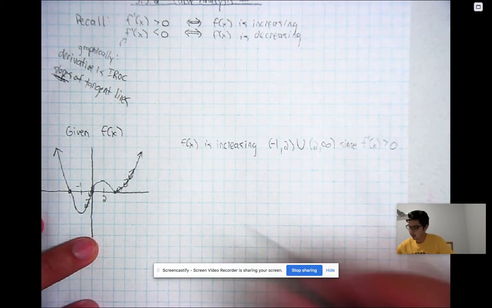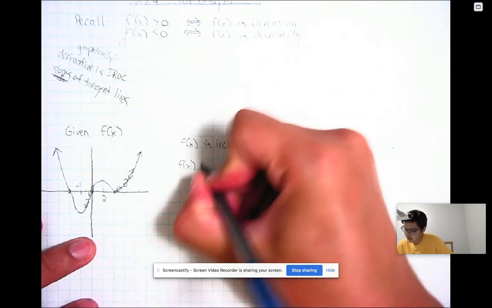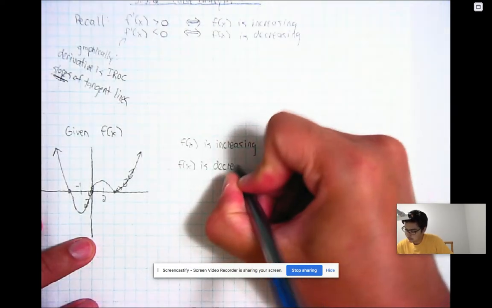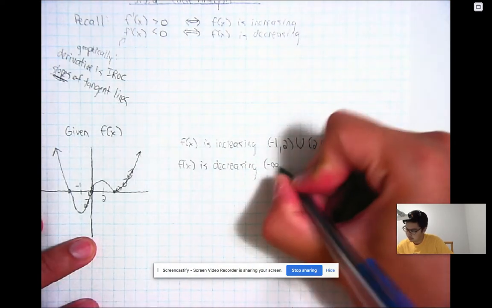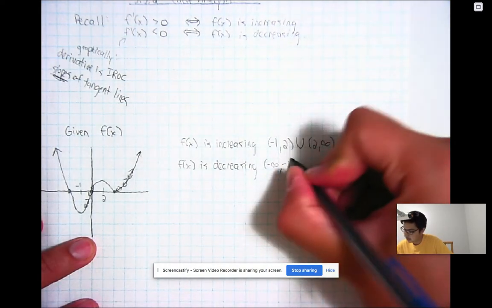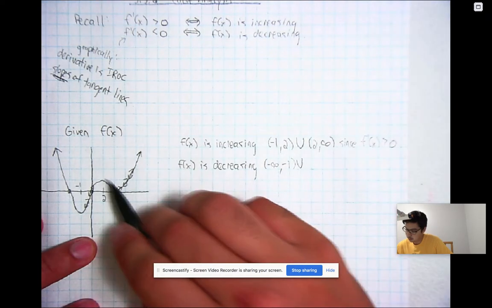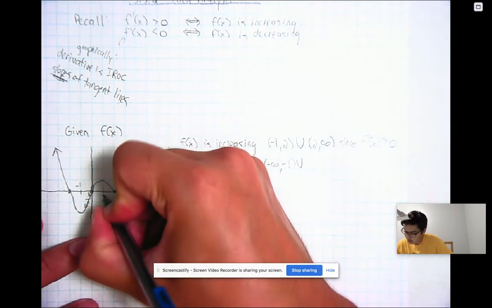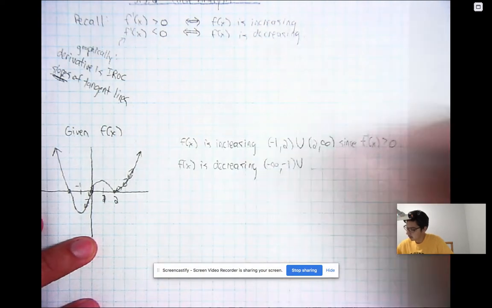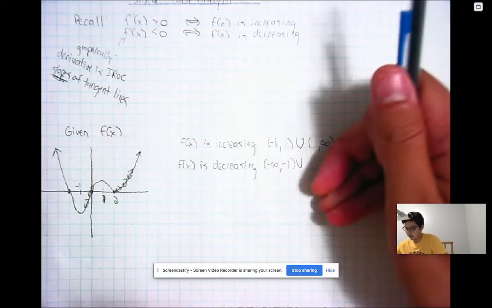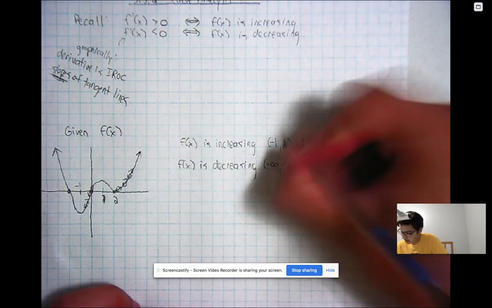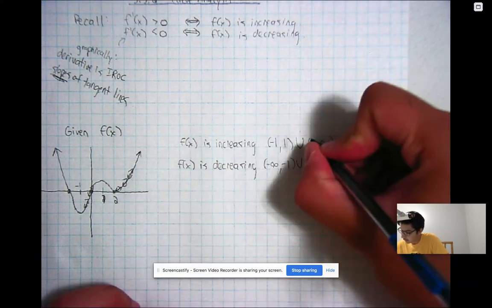Okay. Similarly, we could say f of x is decreasing from -infinity down to -1, and then, why is that 2? That should be a 1 to 2. Let me fix this, I miscounted. From -1 to 1, it's increasing, and from 2 to infinity, that's okay.